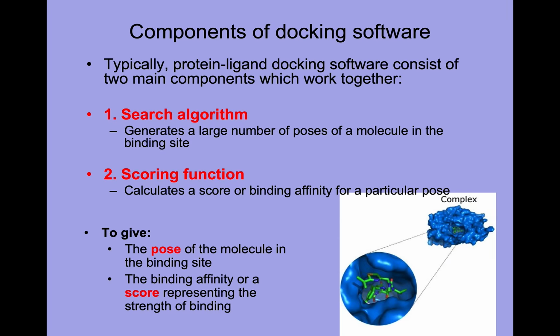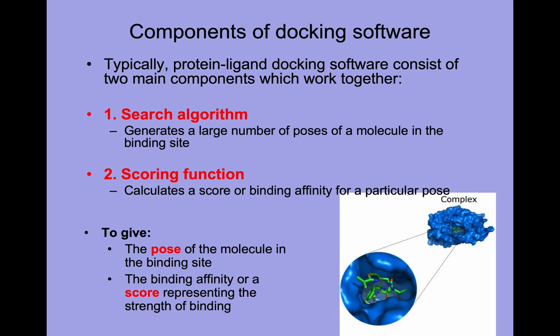So the next thing: what are the components of docking software? As I have already told you, docking is a process to find out the interaction between the ligand and a target protein or receptor. Docking software consists of two main components which work together to get the results.